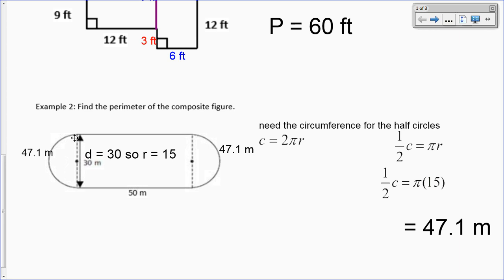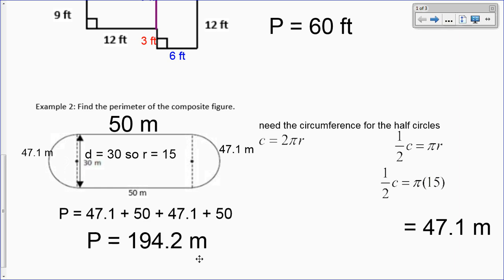And I'm doing it for both because they both have a diameter of 30, so they both have a radius of 15, so they're going to be the same measurement because they're both half circles. So the only thing I'm missing is this side, which because it's parallel to this one for the rectangle, is also 50. So all I do now is just add them all together, and I get perimeter equals 194.2 meters.